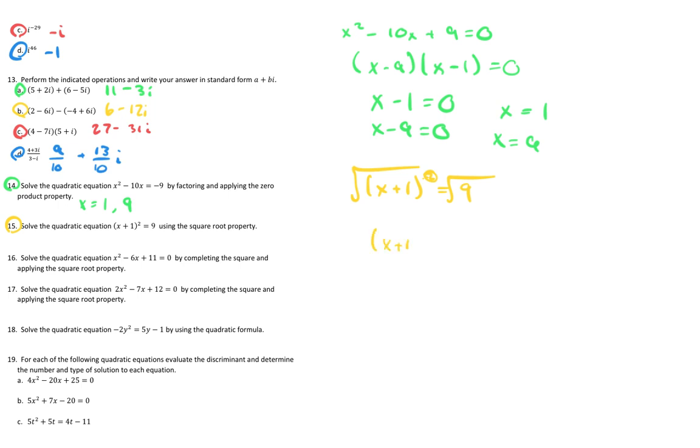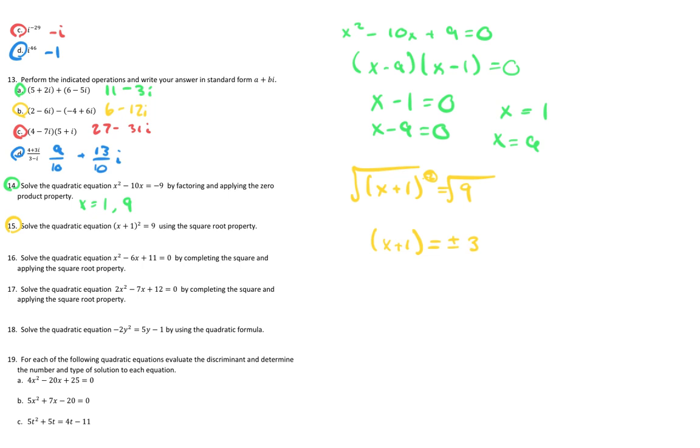So we'll have x plus 1 equals, so this is the tricky part, and it's that whenever we take the square root, we end up getting a plus or minus, because the square root of 9, it could be 3, but negative 3 times negative 3 is also 9. So it's going to be one of the two. So we can write plus or minus 3.